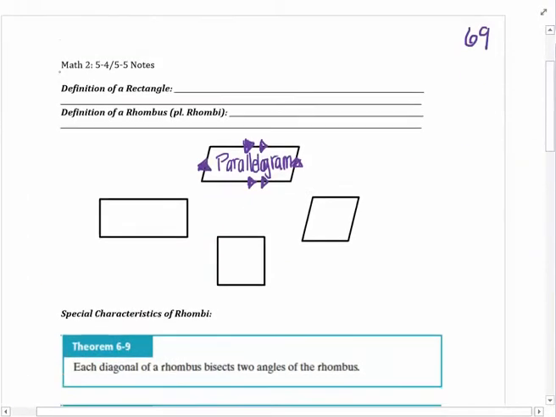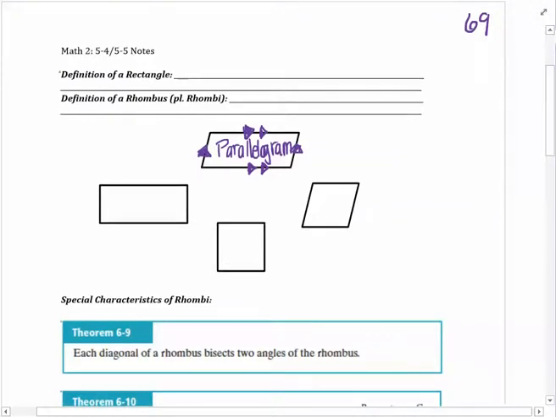Okay, so that's a parallelogram. So now we're going to look at special parallelograms. If you have a parallelogram that has 4 congruent angles, you have a rectangle. So the definition of a rectangle is it is a parallelogram that has 4 congruent angles.